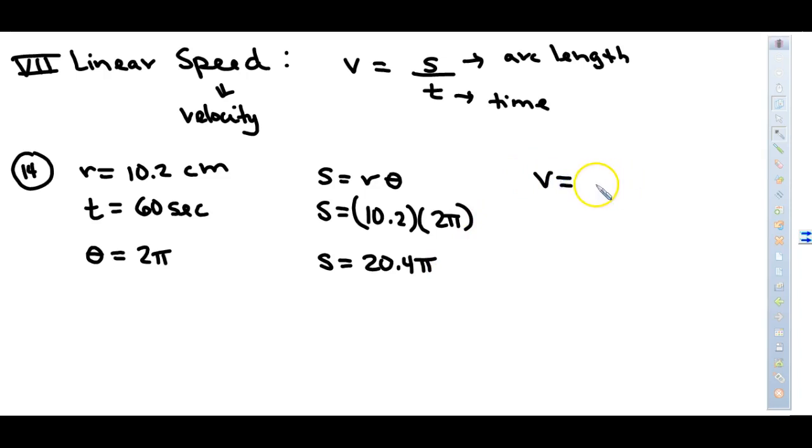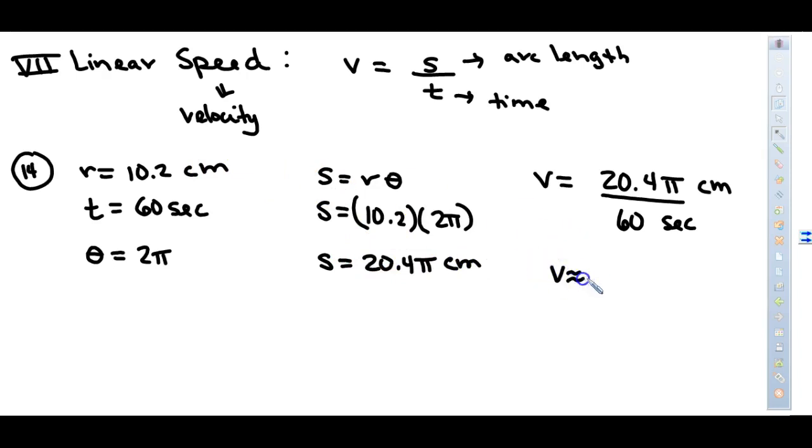Okay. Then once you know what your arc length is, you can find your speed, v, which is velocity, by saying 20.4 pi divided by 60 seconds. And this is centimeters, by the way, because the length around your circle would be in the same units as whatever your radius is.